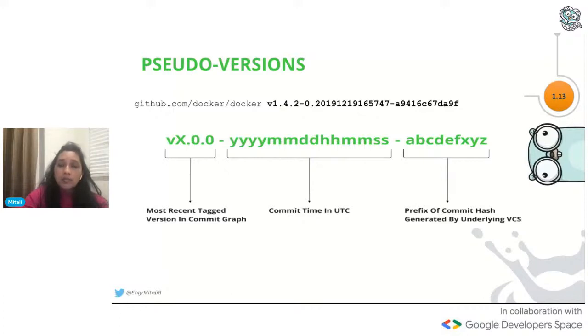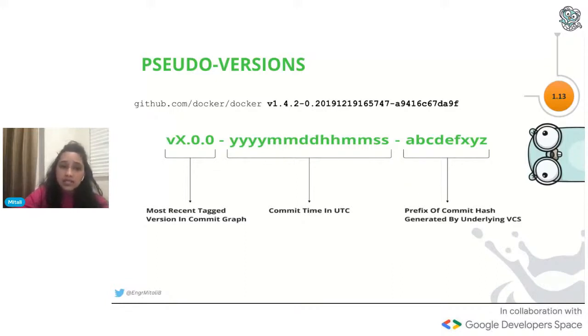Now, a pseudo version practically should never be typed by hand. The Go tool is aware of that, and whenever we tag any version, it automatically generates the pseudo version for you with that particular timestamp. But there are some outside tools, and people actually type them by hand, which was creating some discrepancy. For example, the most recent tagged version in the pseudo version actually takes part in the minimal version selection, which I explained before.